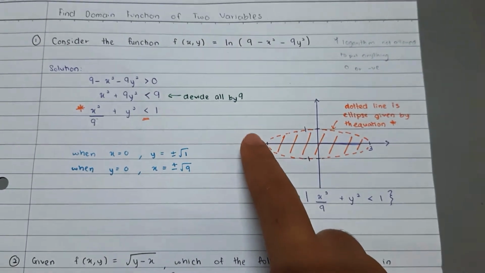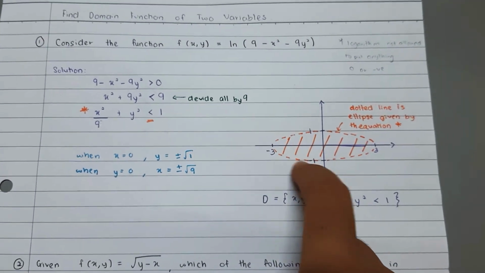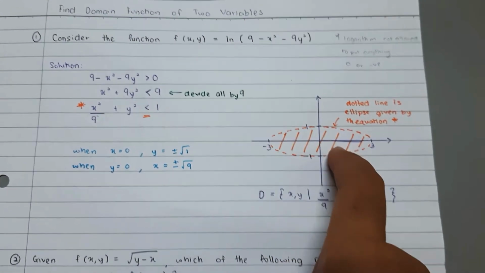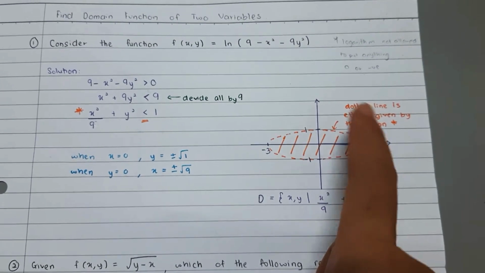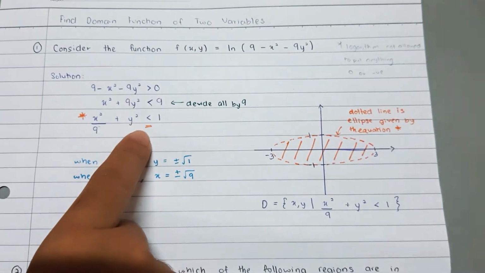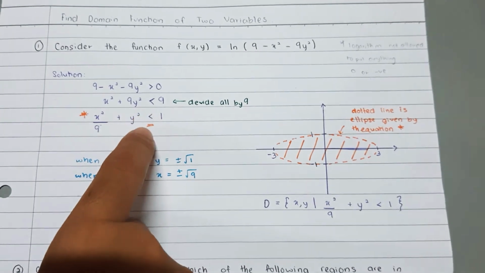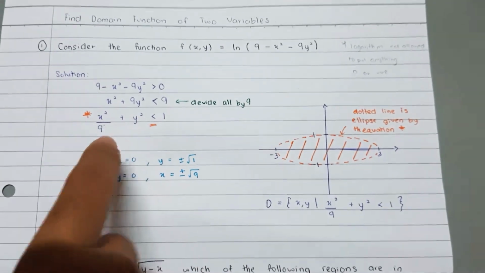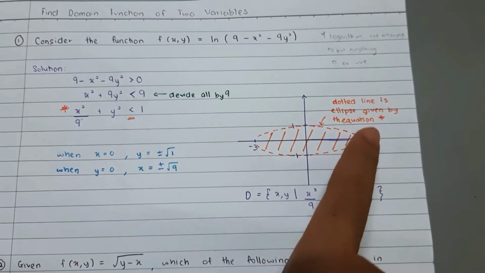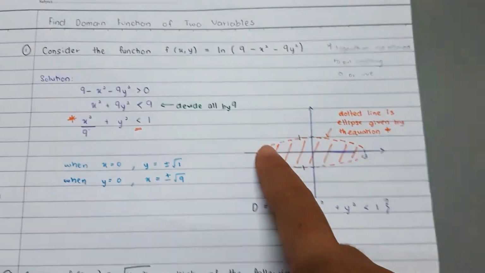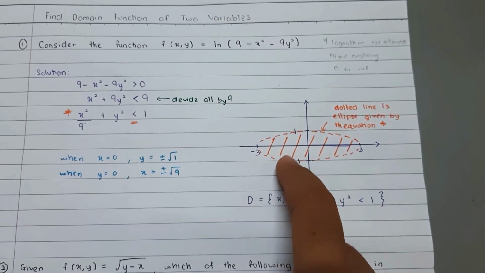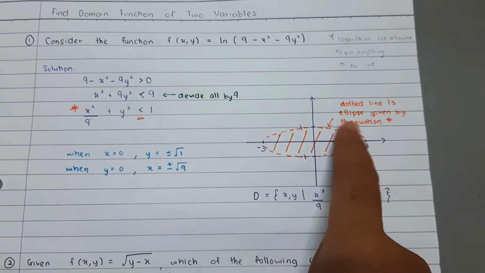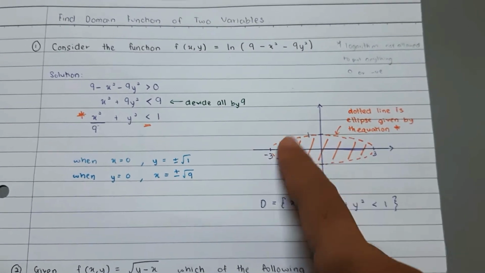So we plot the graph with a dotted line, because it's just less than 1, not less than or equal. If it were less than or equal, we would have to draw a solid line. Since it is less than 1, we sketch a dotted line here.